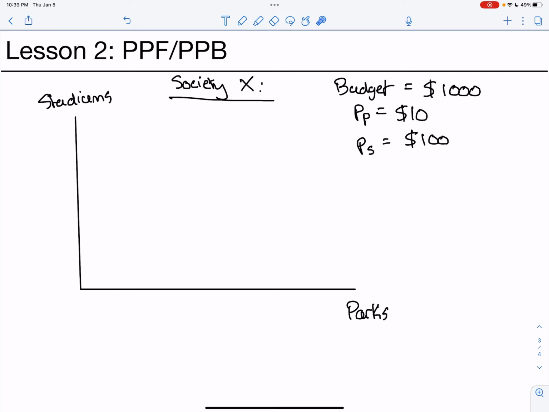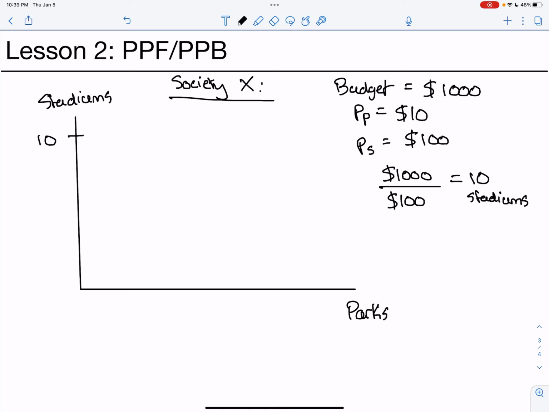How do you find that number? Well, super simple. You just divide the budget by the price of the stadium. So if you divide $1,000 by $100, you simply get 10 stadiums. So our y-intercept is going to be 10.